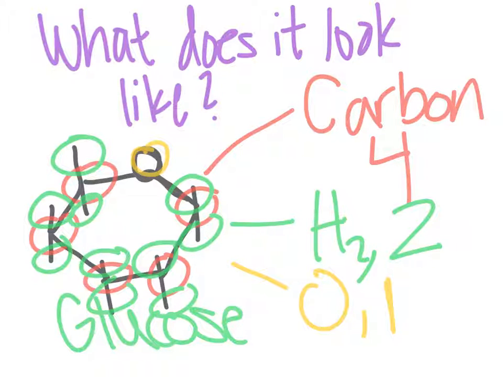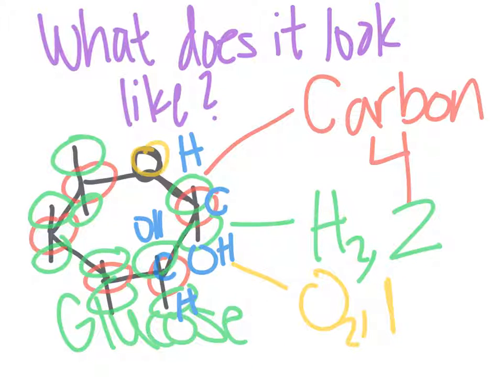Now that we know this, let's go ahead and label our molecule. Here we have hydrogen, we have oxygen and hydrogen, we have hydrogen, oxygen, and hydrogen. We have our carbons on the sides.